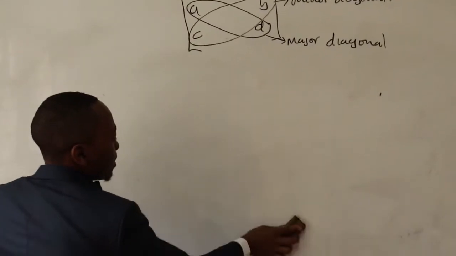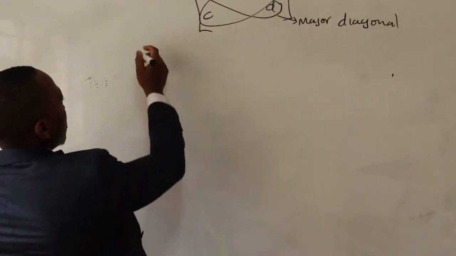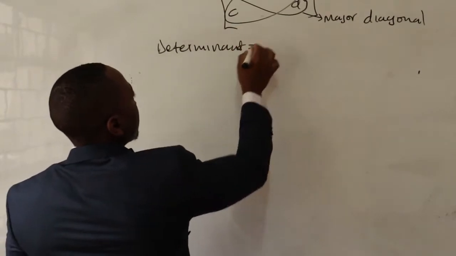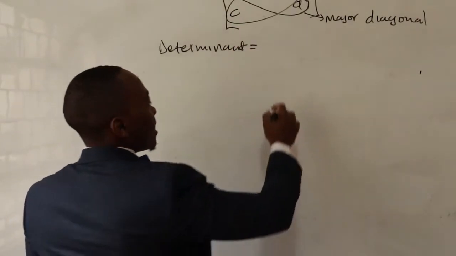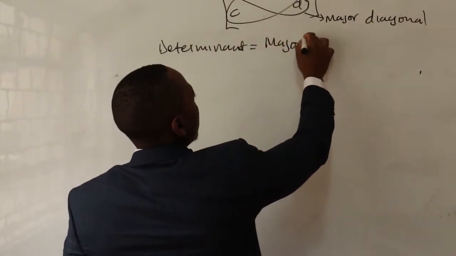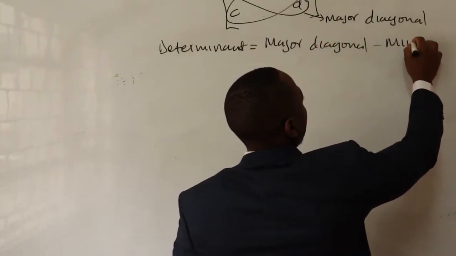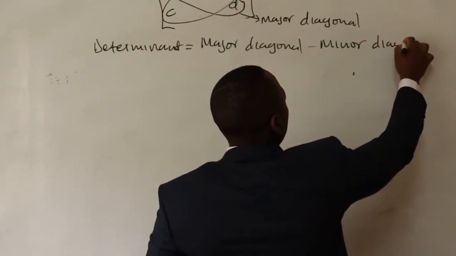So what's a determinant? To get the determinant, we use the diagonals. You take the major diagonal and deduct the minor diagonal.